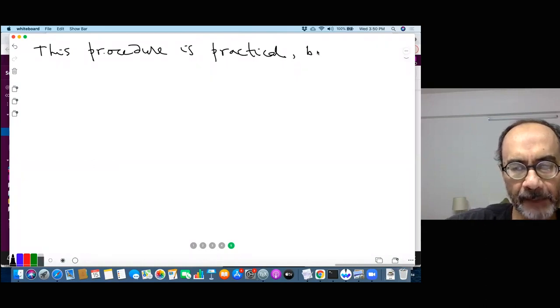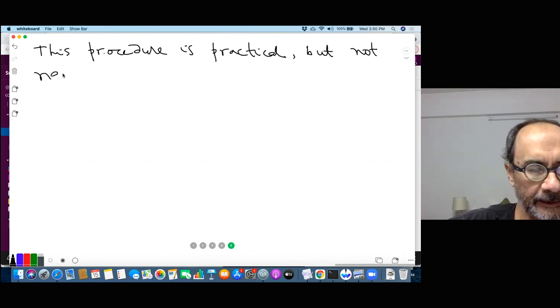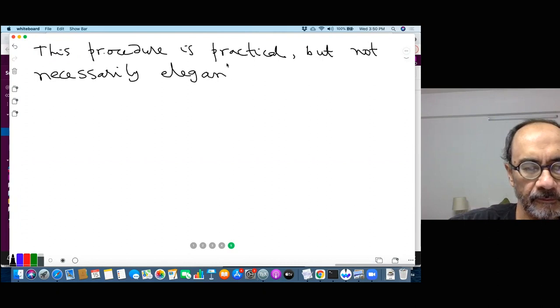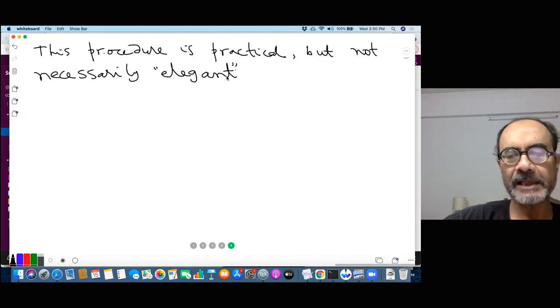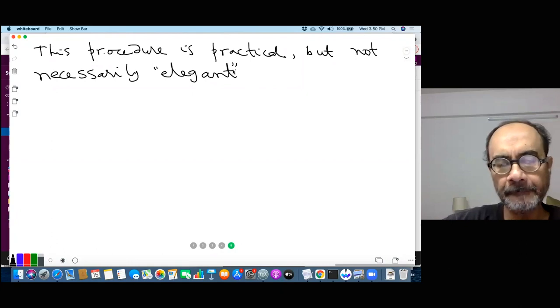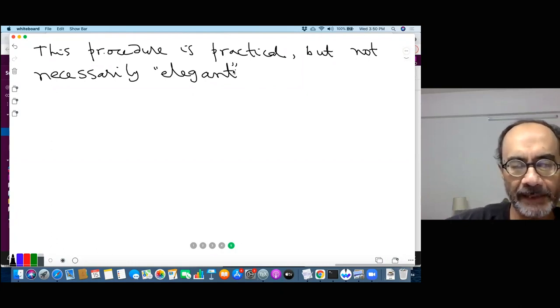But perhaps not necessarily elegant, because there is a lot of arbitrariness involved, right? Each of those S primes can be chosen in many different ways. All we are doing is fixing the boundaries of S prime, and then we choose them to be anything that we like, consistent with symmetries.